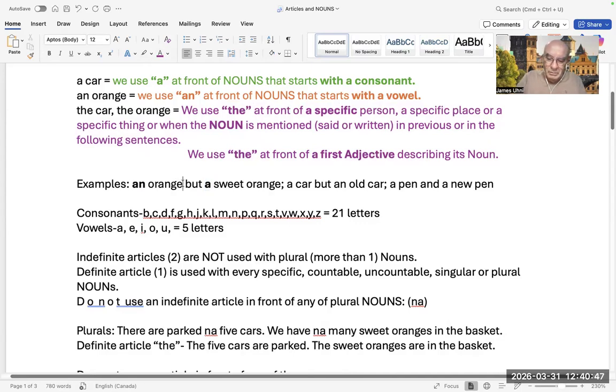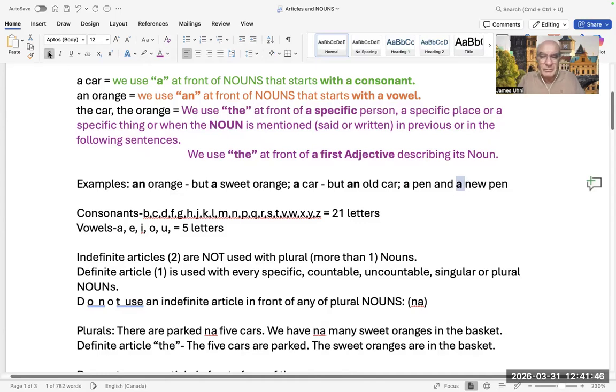Or we have a car, but an old car. A pen, but a new pen. Wow, why do we have double a?